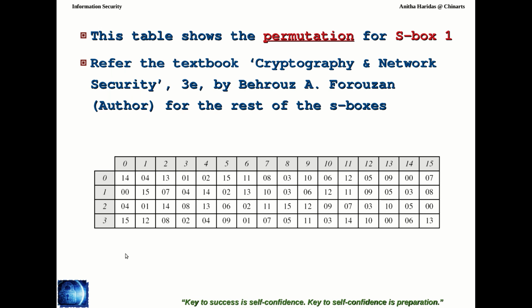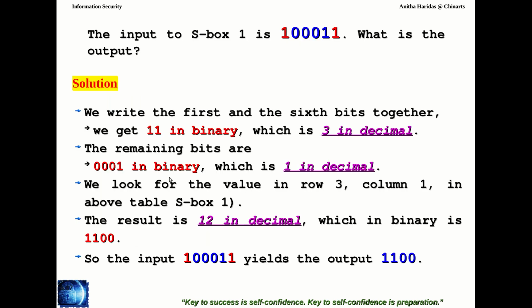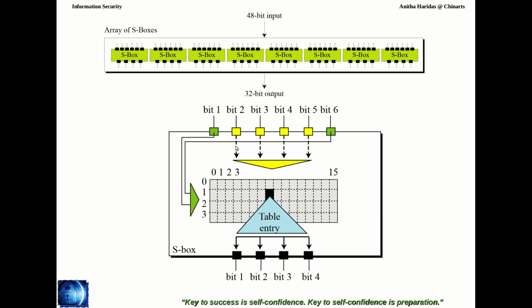Now let us see how an input of a 6-bit chunk produces a 4-bit chunk of output. Suppose, imagine this is the S-box 1.